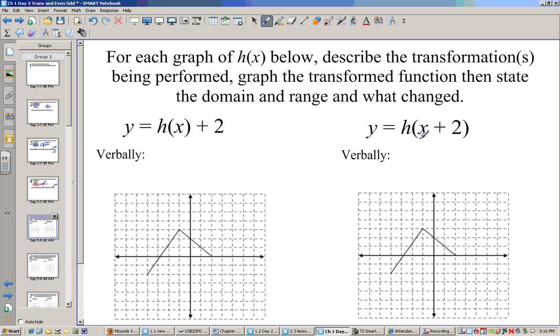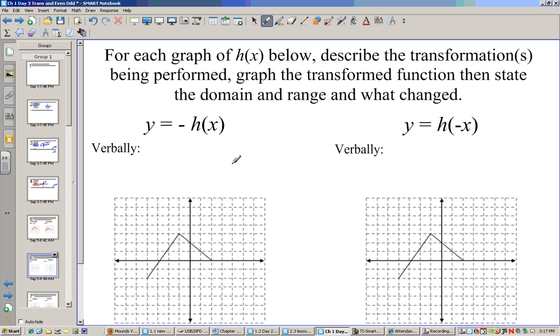All right, now here we're going to move this piecewise function. This one translates up 2. So each coordinate, I'm just going to move up 2 points. This one moves to the left 2. Now this one reflects over the x-axis.